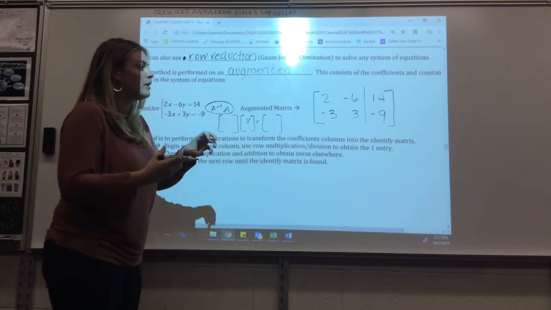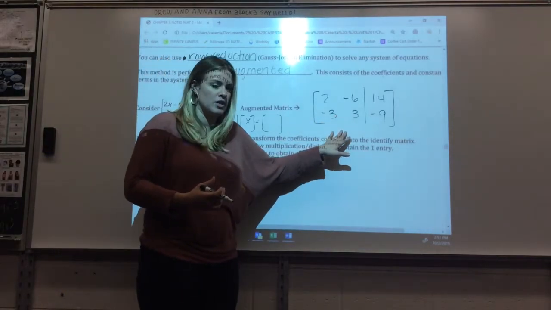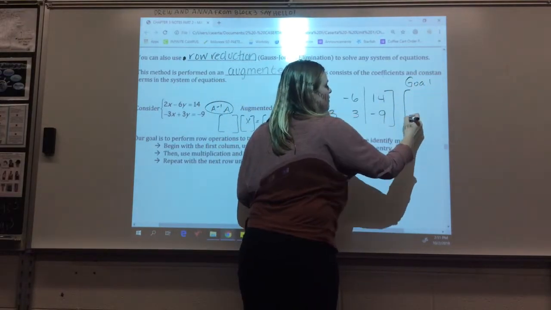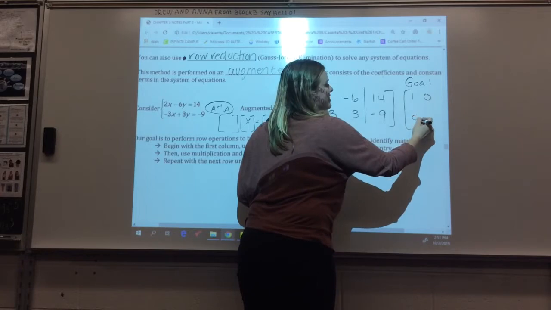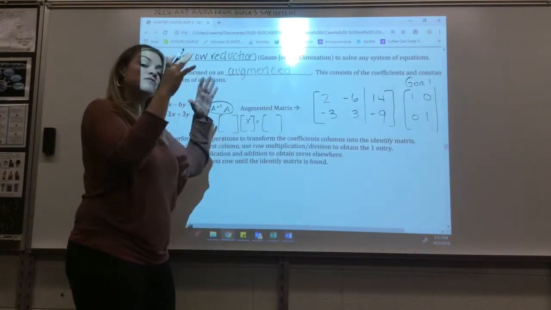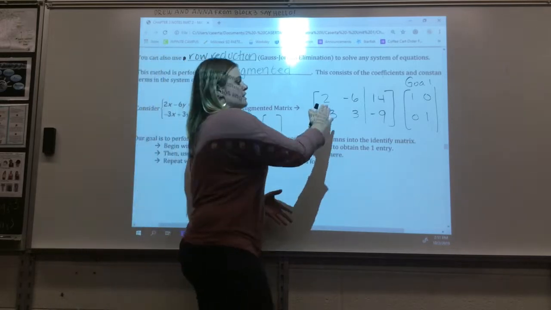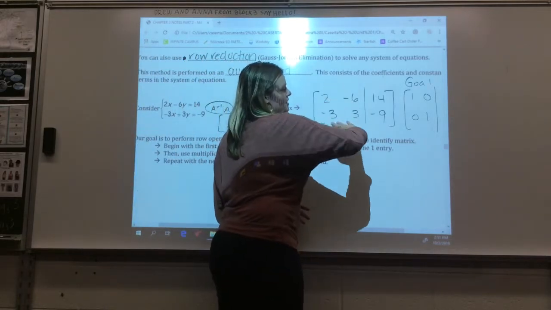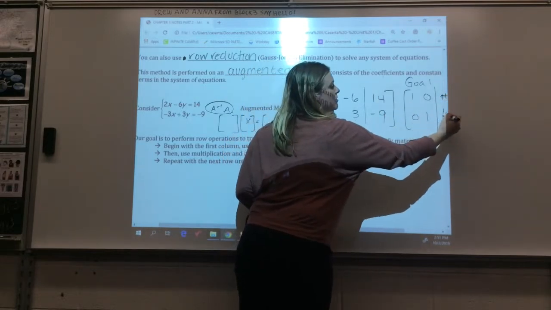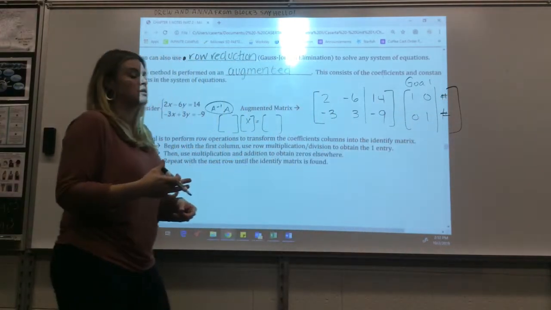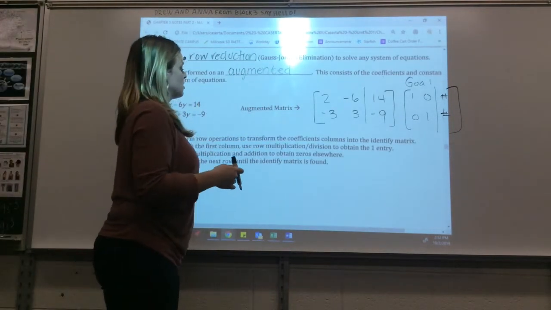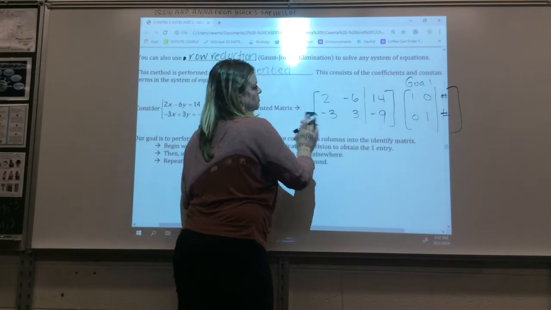So our goal here is to take this coefficient matrix and have it look like the identity, because then in essence we have solved. To compensate, the numbers will change over here, and we will have a solution to our system. The beauty of math is we can check our work as well to see if our solution to our system is correct.